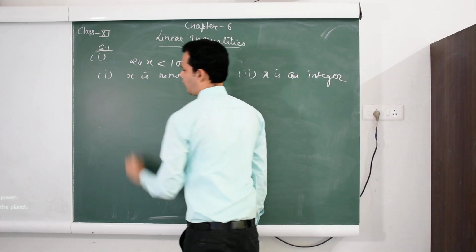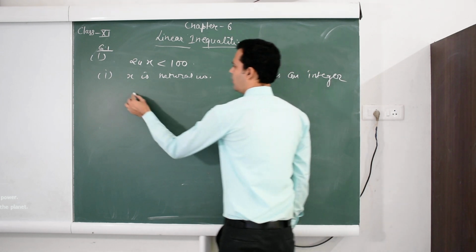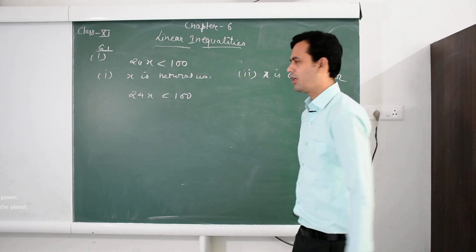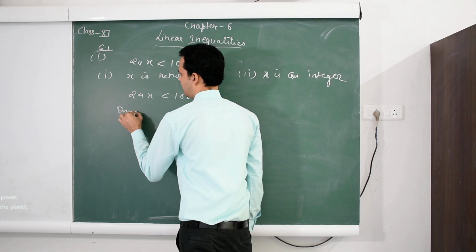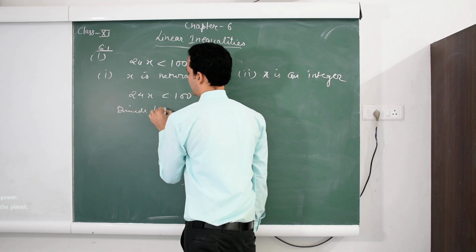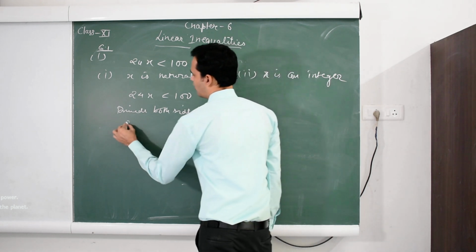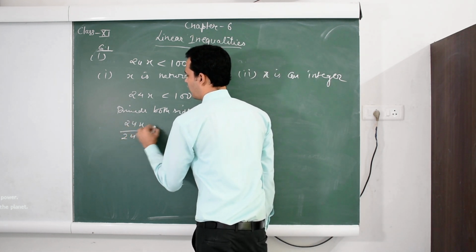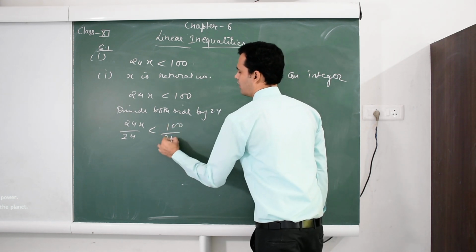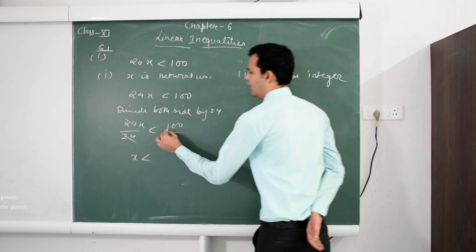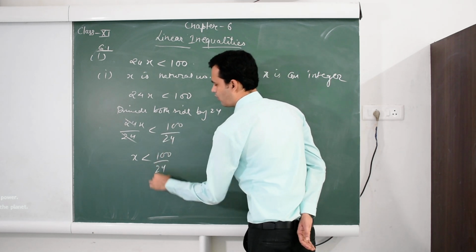So first, for natural number, we have 24x less than 100. Divide both sides by 24. So 24x upon 24 less than 100 upon 24. The 24s cancel, so x is less than 100 upon 24.